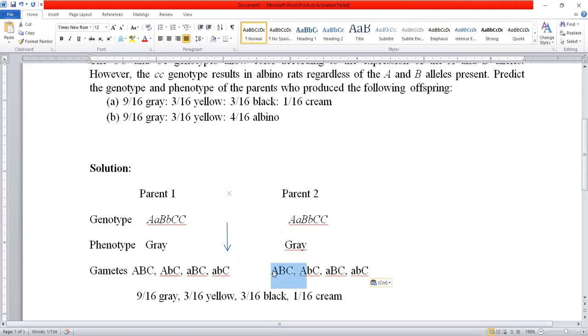Always remember to write the gametes in italic form, and the genotype also in italic form.